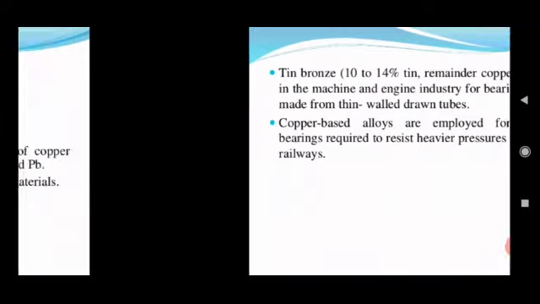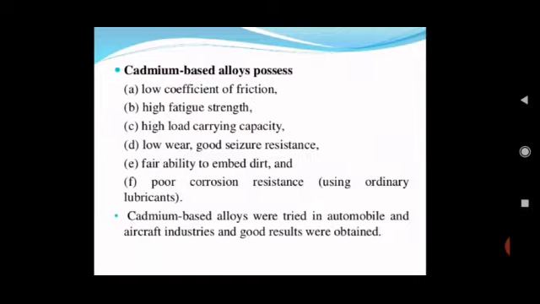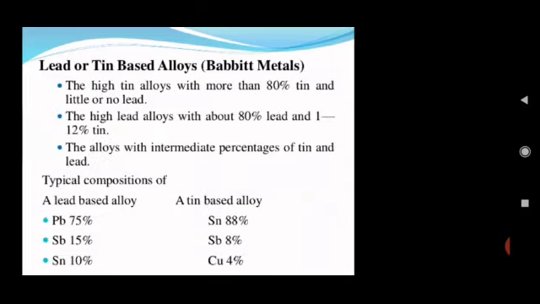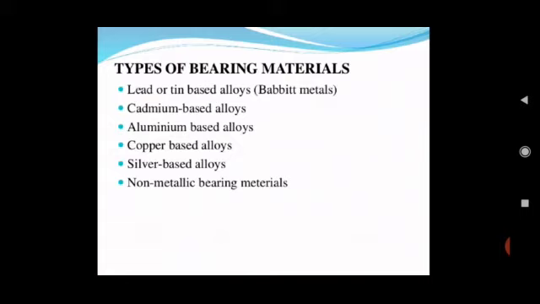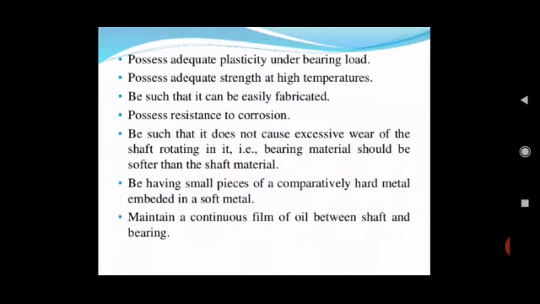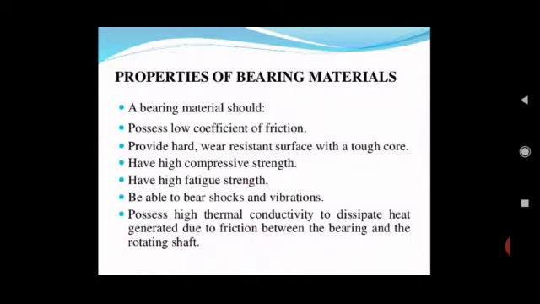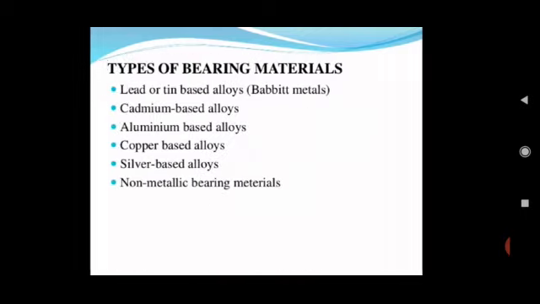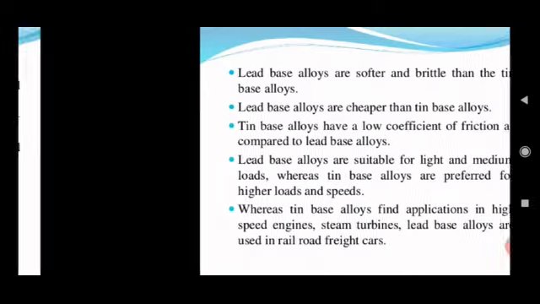In conclusion, we can say that materials having a low coefficient of friction, materials which are stable at high temperature, corrosion resistant, and able to maintain a film layer between the journal and bearing, those that have the ability to bear excessive loads on shafts and spindles, and those which are wear resistant with a tough core, all these kinds of materials which have these properties can be used as bearing material.